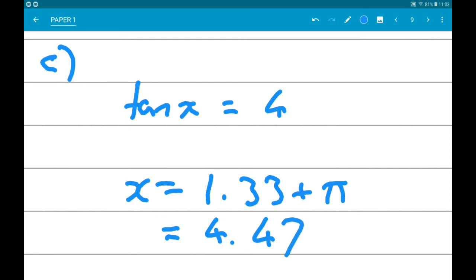So we're now going to substitute t is 4.47 into h.